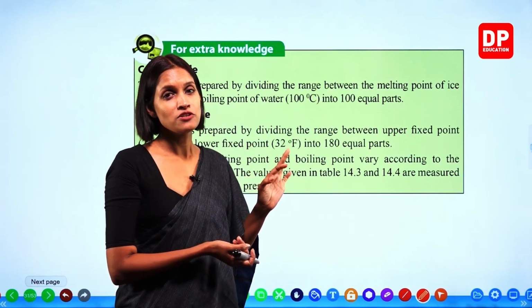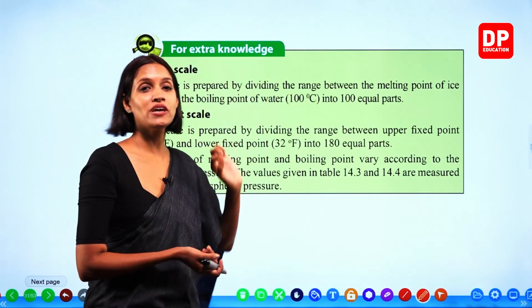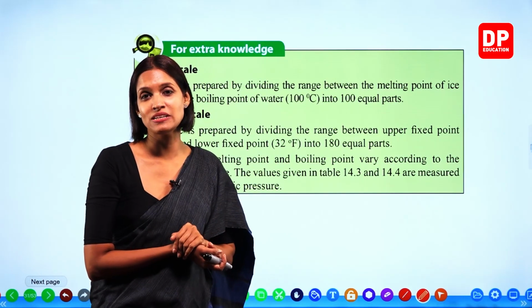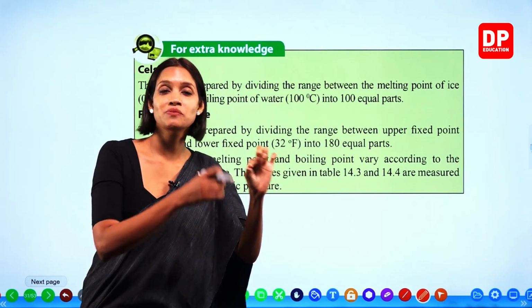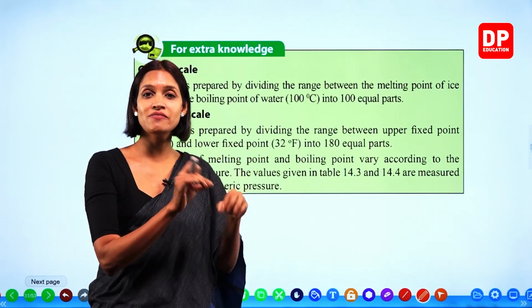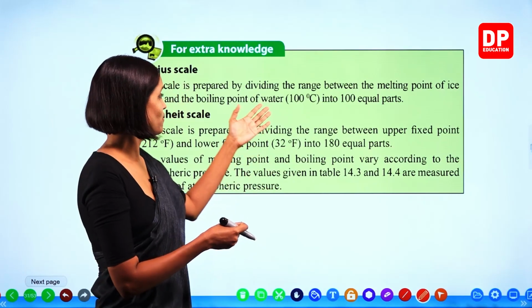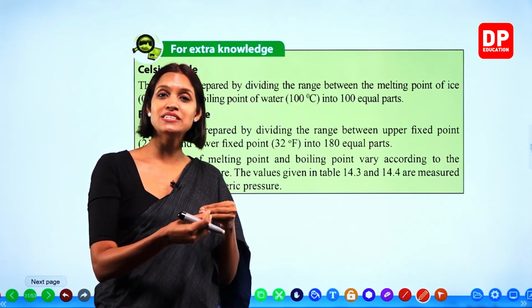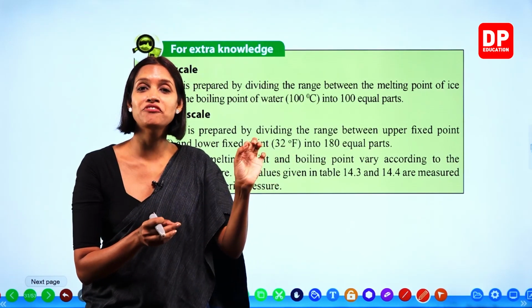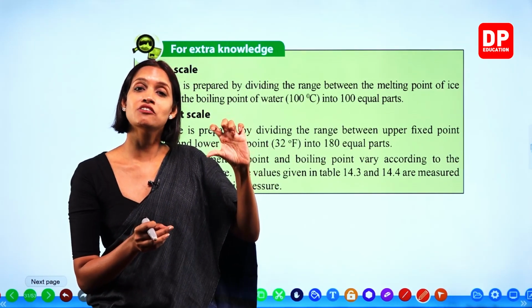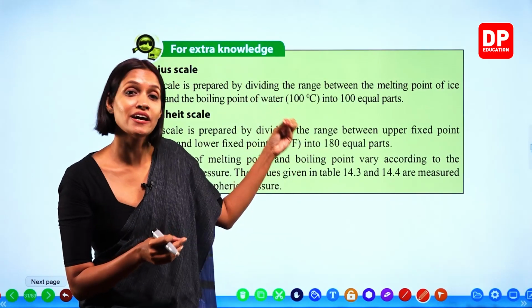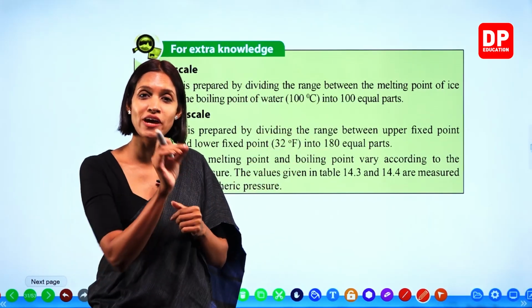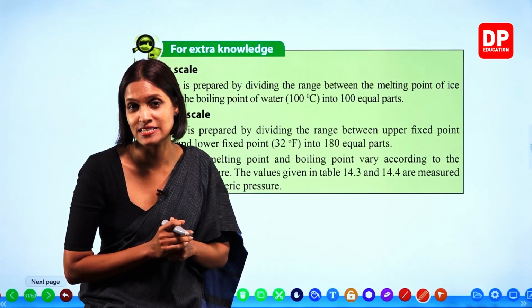Right, children? So that's how they calibrate the Celsius thermometers. They mark where the melting point is, the 0th level. When you use this particular thermometer, before calibrating it, you can find what is the height of the liquid column when ice is melting. Right? You can mark that level as 0 degrees Celsius.